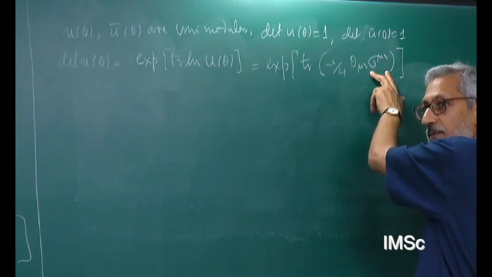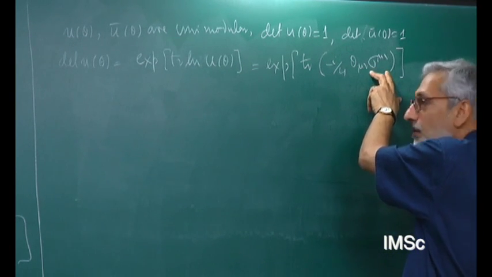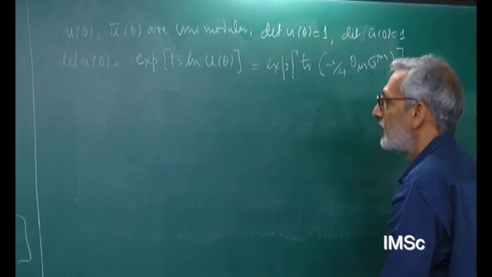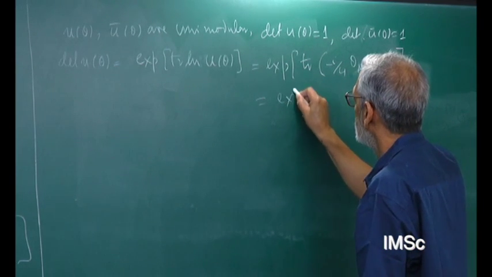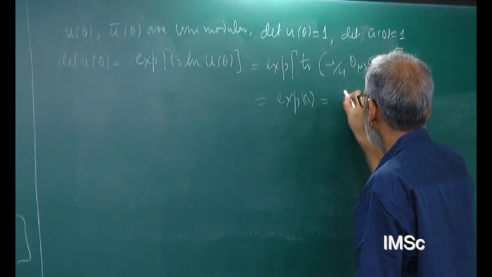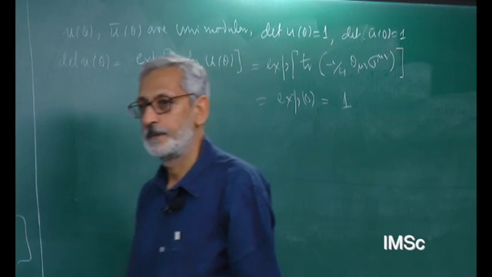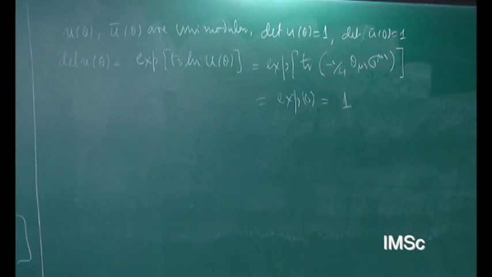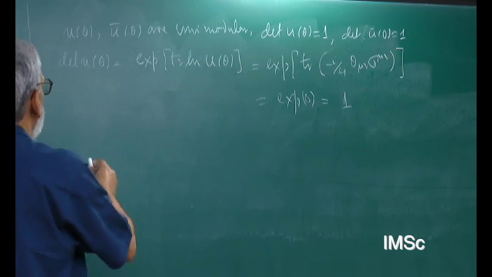The trace of each sigma mu nu we said is 0. So this is 0.